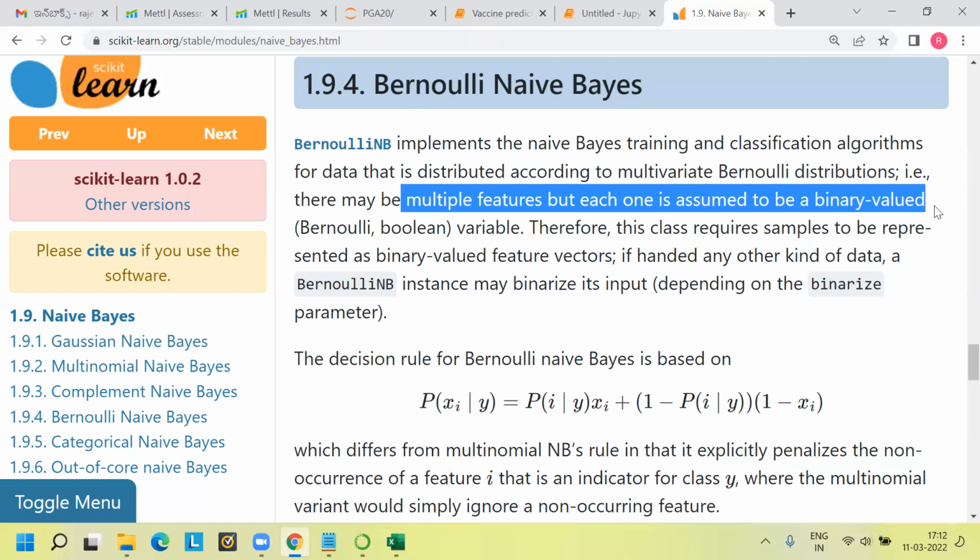Bernoulli's naive Bayes is implemented when there are multiple features and each of those features is binary. In our case, most of them are binary, not all of them. Almost 50% of them are binary, yes or no. You remember the problem statement? So this is also a little bit doubtful.